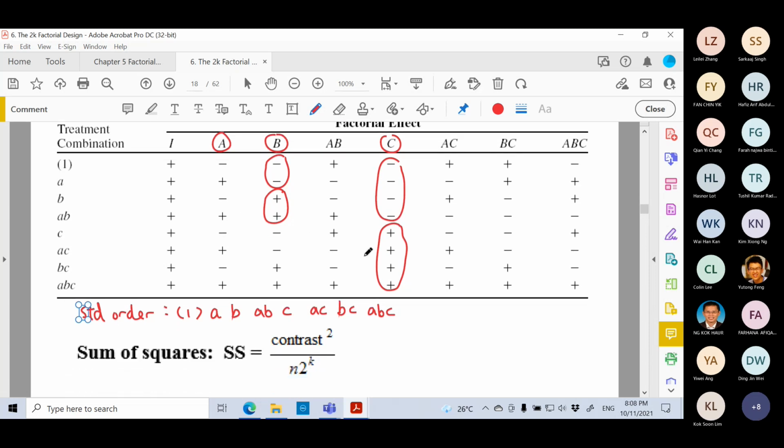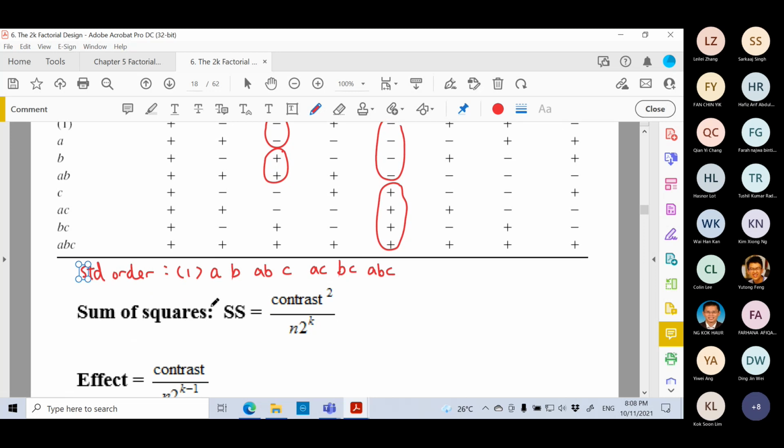Okay, so now I show you the general formula for the sum of squares. The general formula for the sum of squares is given as the contrast squared, divided by n times 2 to the power of k. Just now you had a 4 there because 2 to the power of 2 factors is equal to 4.